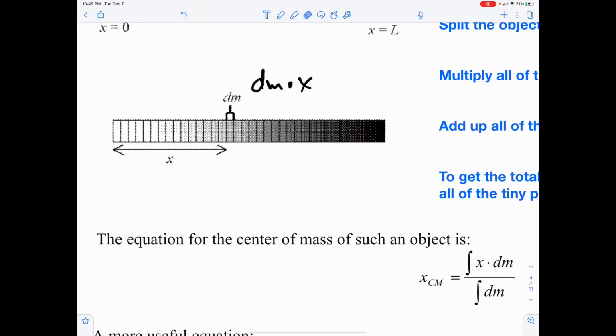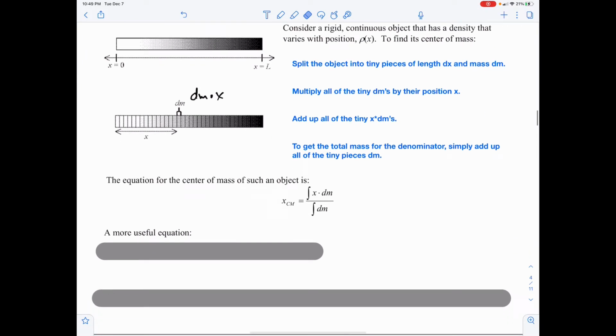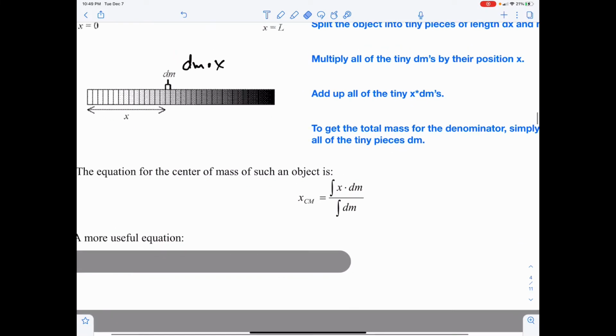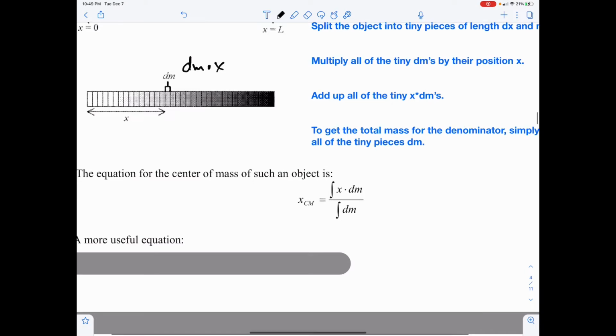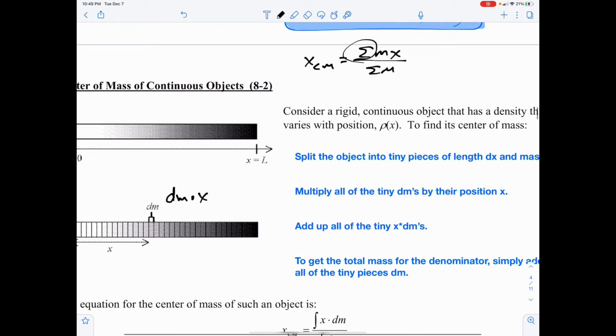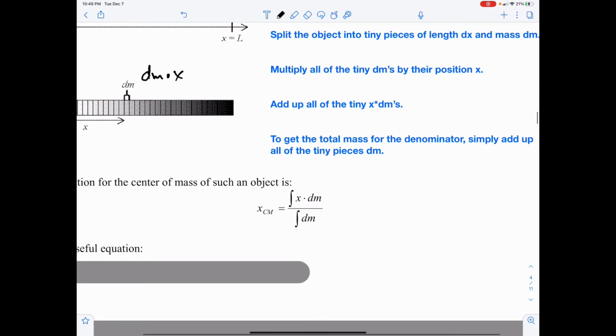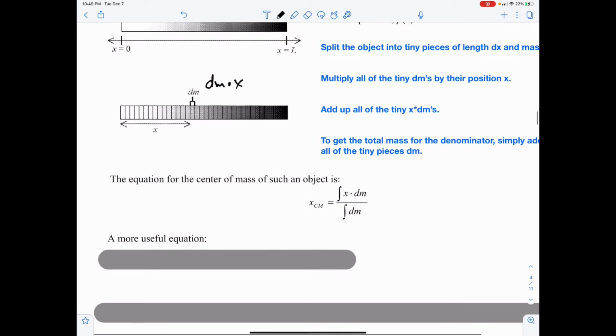And so if we multiply them together, we get the area of this thing, and that is what the integral represents. And the integration symbol is just a fancy way of summing all of the masses times positions. These are all your tiny masses times their positions. And this represents the total of the dm, adding up your total dm's.